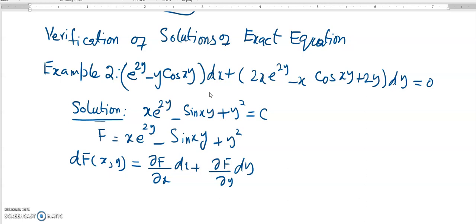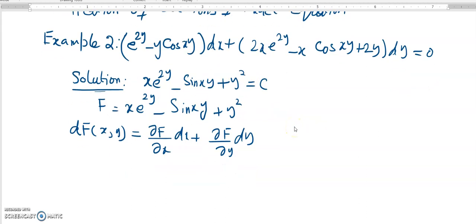Applying the same method, we can differentiate both sides with respect to x and y, and then we can very easily get the original equation.